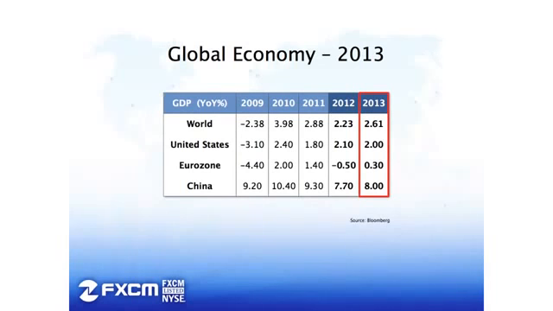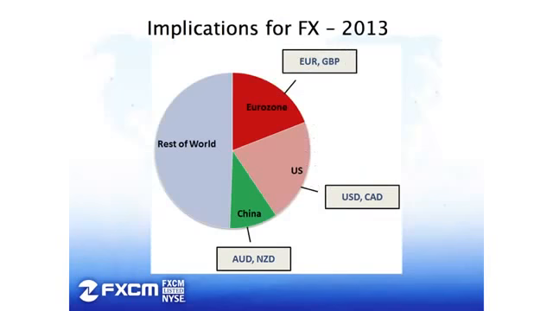Now let's look a year ahead and see if the same thing can be expected. Now we're looking at a world that is somewhat different. The US is actually expected to be slowing. The world is expected to be accelerating, although very marginally. The Eurozone is basically still anemic, but China is seeing a bit of an acceleration. And so as we look back at our pie chart and say, okay, well, how does this translate into FX?